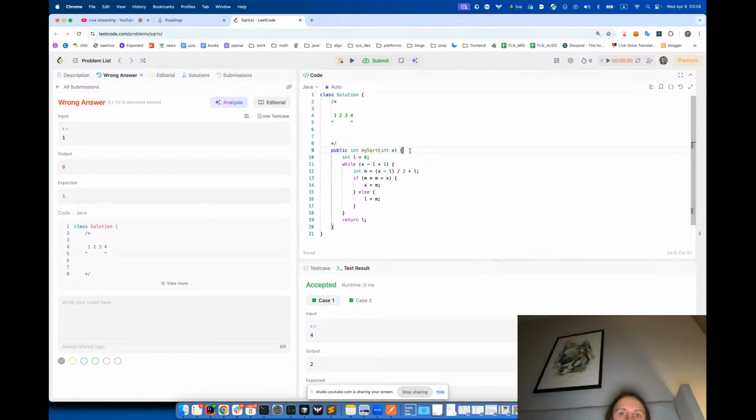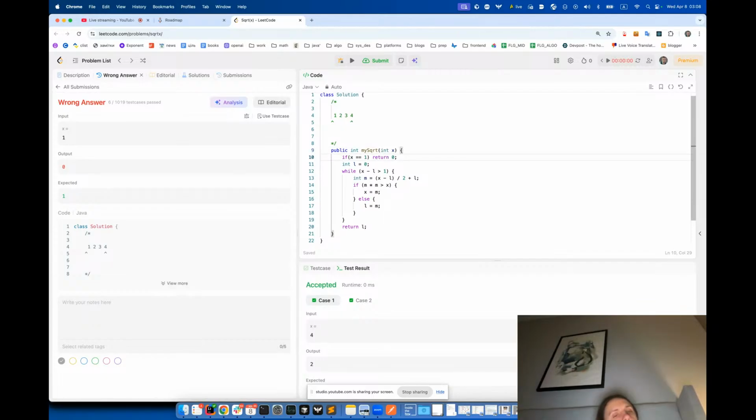Okay, and we also have, of course, a base case when it's equal to 1. Oh, sorry. It's equal to 1.